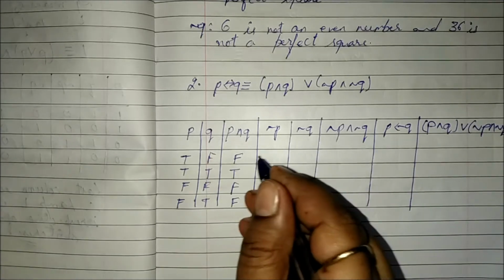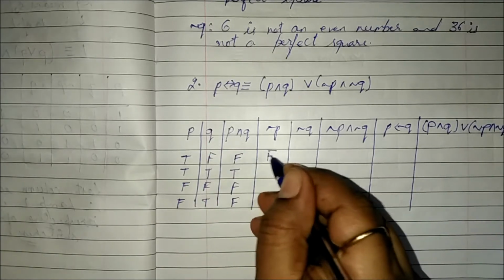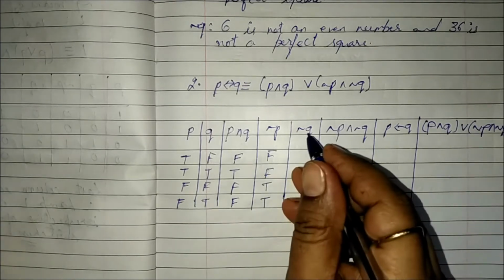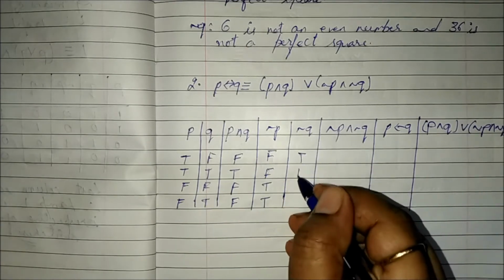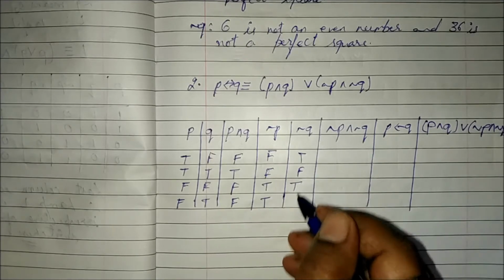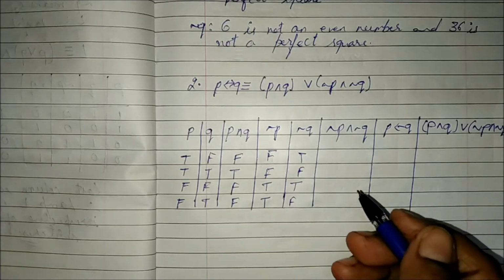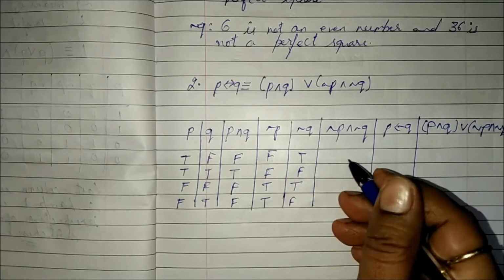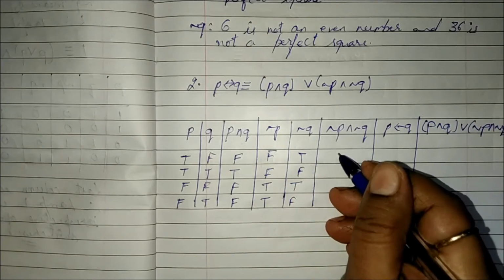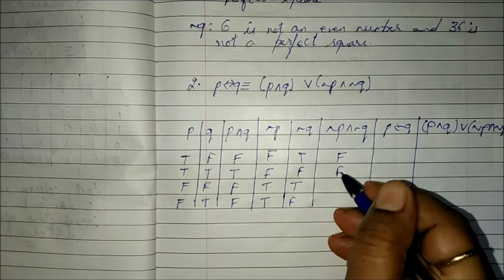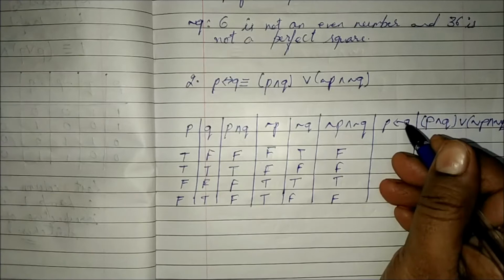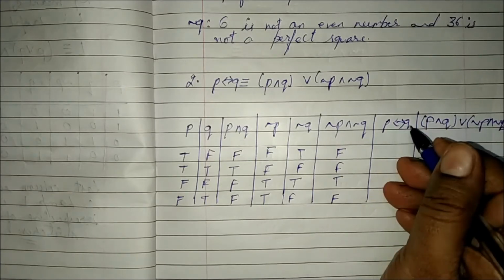Not P: F, F, T, T. Not Q: T, F, T, F. Not P and not Q: F, F, T, F. Okay, this is P double implies Q.